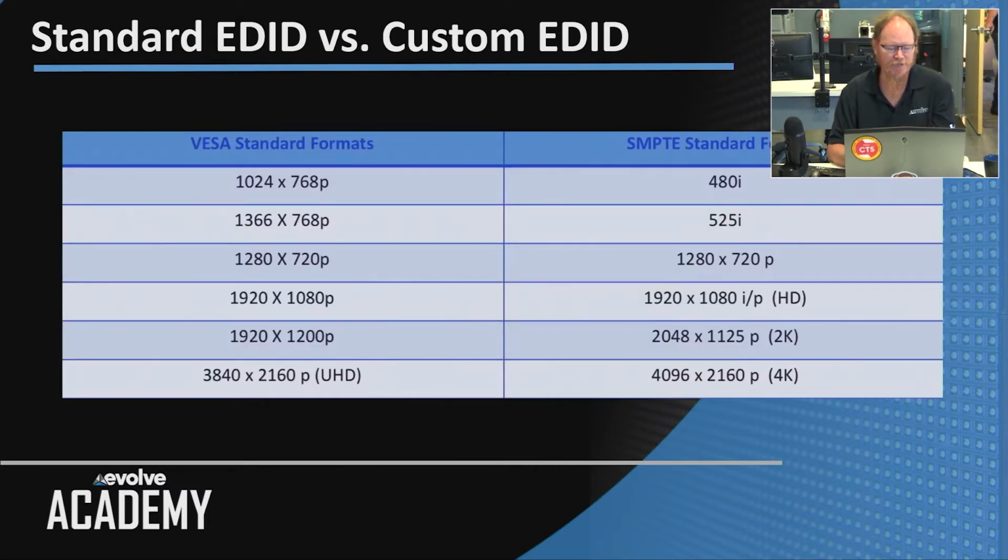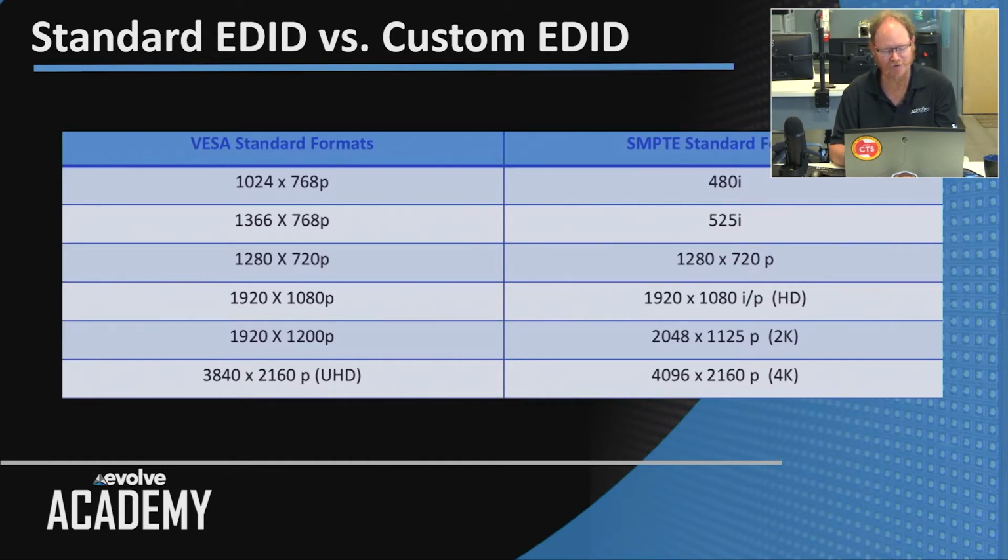So on the left-hand side, there are some standard formats that are VESA standards, 1024 by 768, if you're old enough to remember XGA, 1366 by 768, 1280 by 720, and then on the right-hand side are some SMPTE formats that are similar-ish, 1920 by 1080 I and P. Today we're talking about LED.